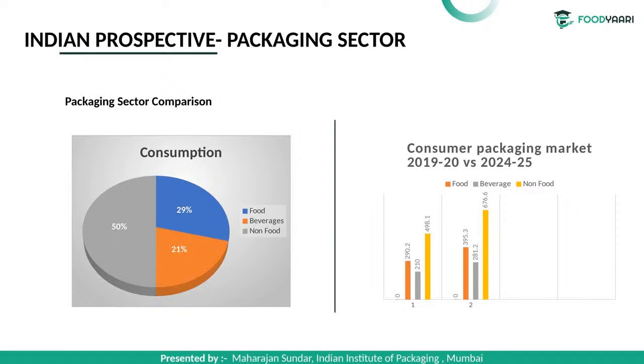From 2019 to 2020, the packaging market of food products is 290.2 billion, and it is expected to increase from 290 billion to 395 billion. The beverage packaging market is tending to jump from 210 to 281 billion.